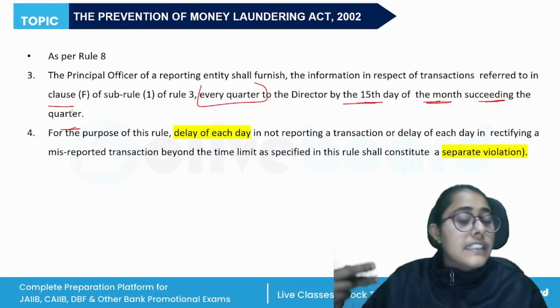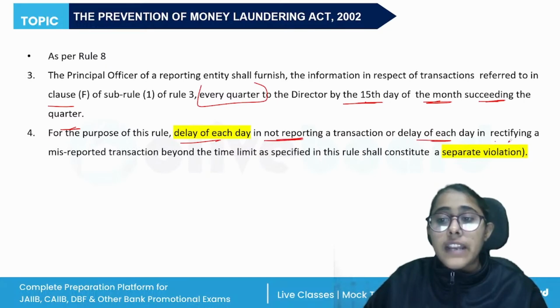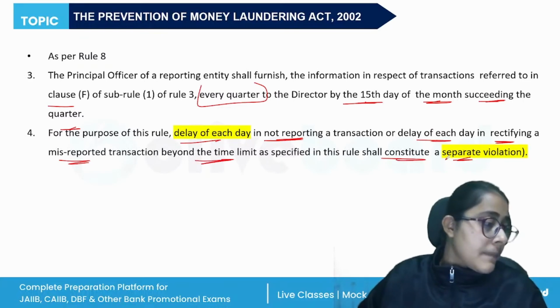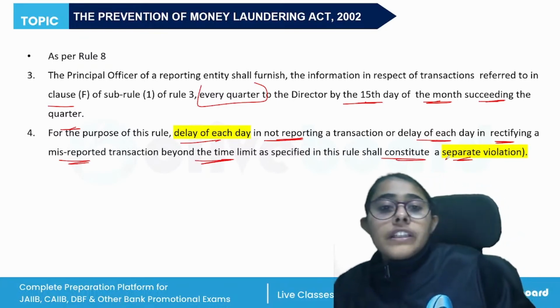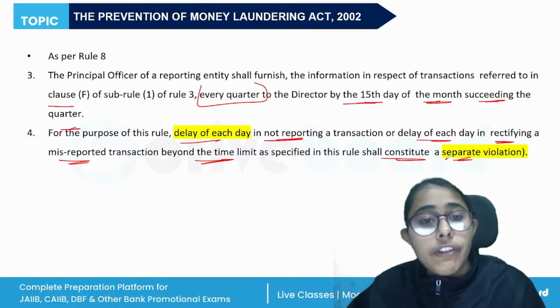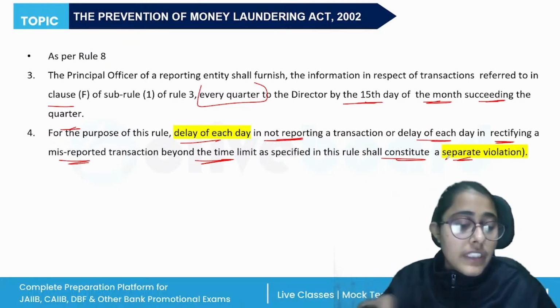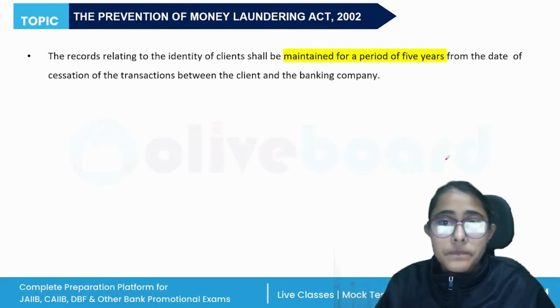And if there is a delay in the furnishing of information, delay of each day in not reporting a transaction or of each day in rectifying a misreported transaction beyond the time limit will constitute a separate violation. So it is the responsibility of the principal officer of the reporting entity that they furnish the record to the director within the stipulated time.